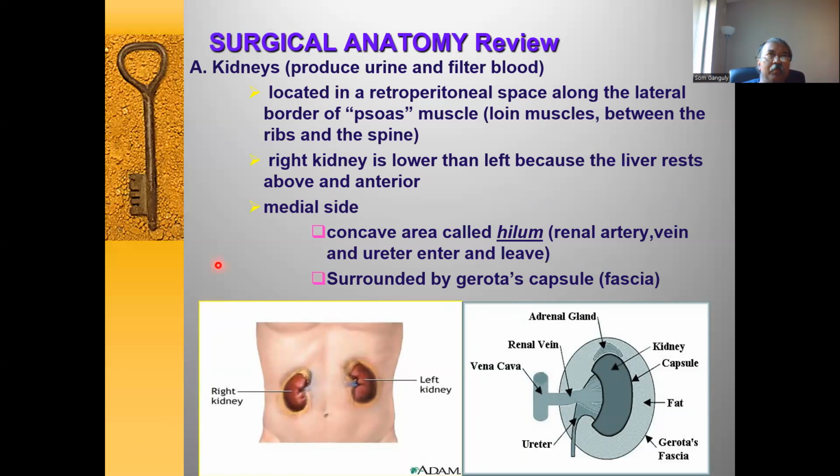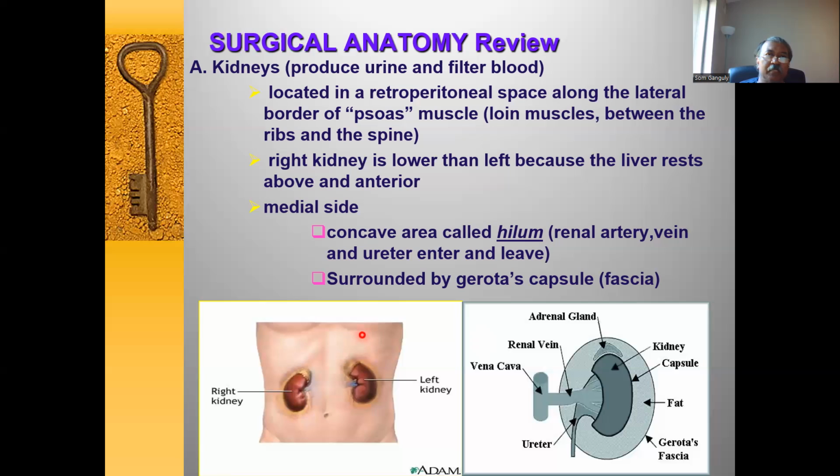We are discussing how the kidney is producing urine by filtering the blood. And we discuss how the kidney is located in a retroperitoneal space, which is along the lateral border of the psoas muscle.